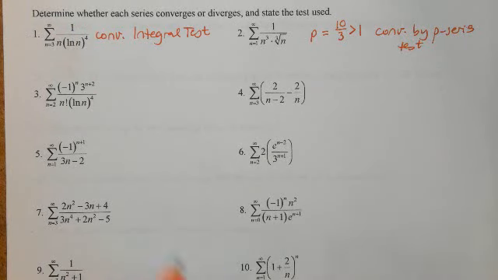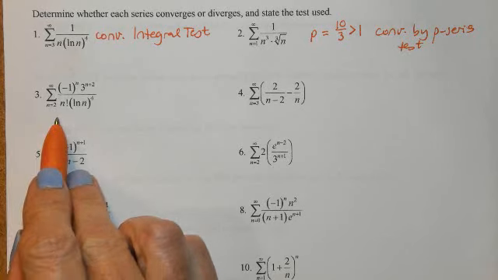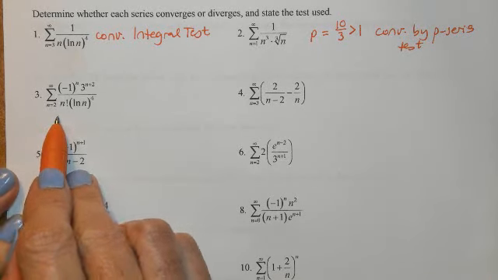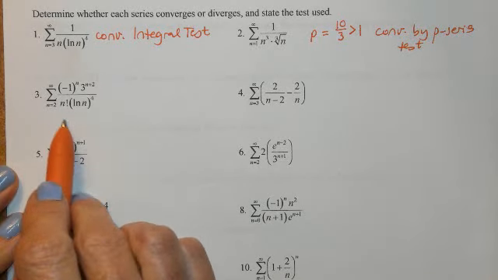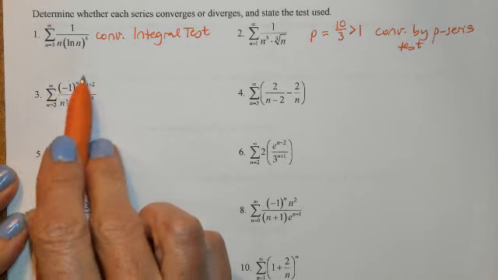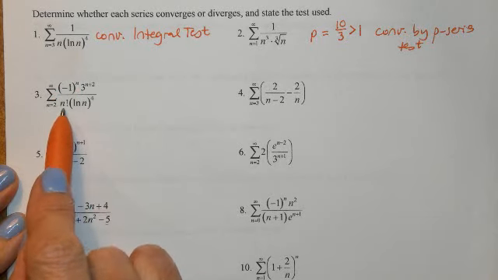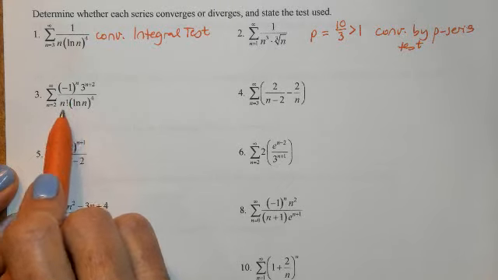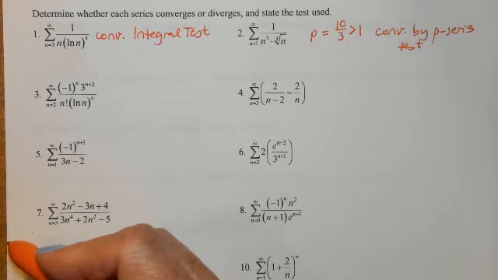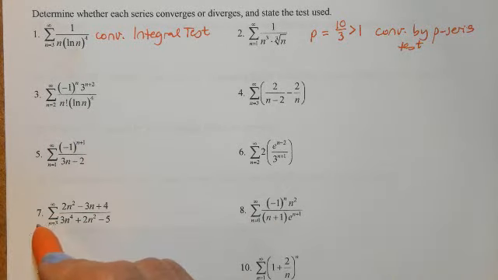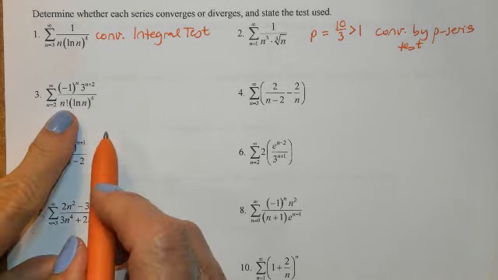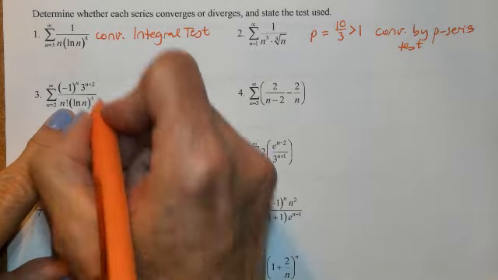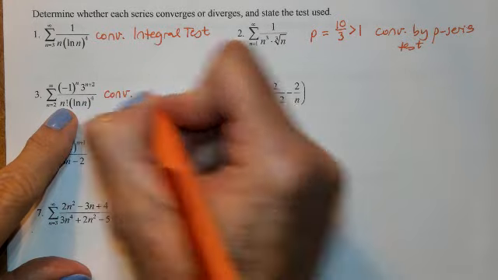All right. Look at number 3. Well, for this one, I see Big Mama right there. She's in the denominator, pulling that bottom down to the x-axis really, really fast. So I know this is going to converge. What test could we use to prove it?